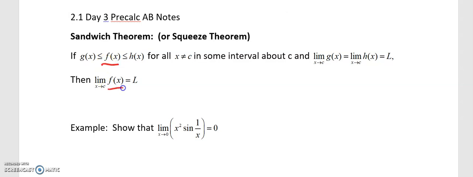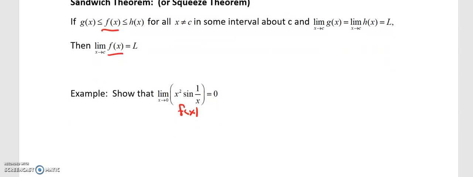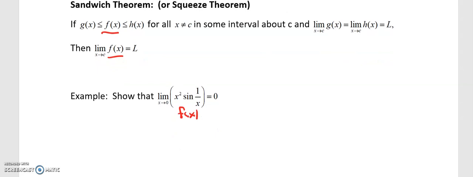I have f of x here, and it turns out to evaluate this, this is f of x. All right, and so what I need to do is establish an inequality. I'm going to start out with the sine of simply x, and then I'll progress to the sine of 1 over x and then get x squared in there as well.